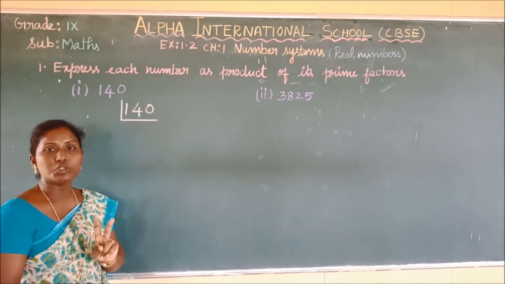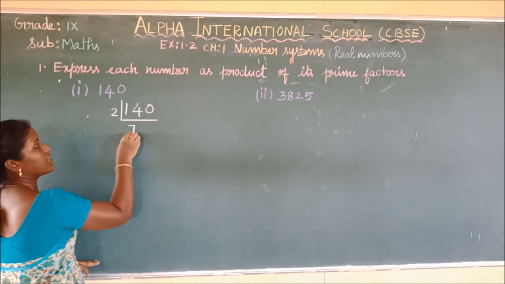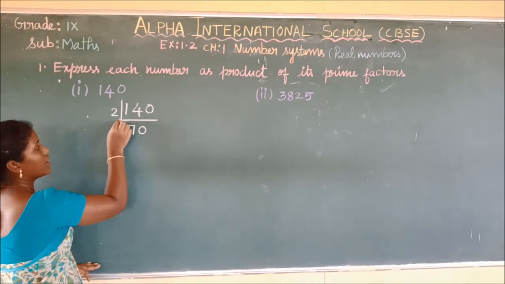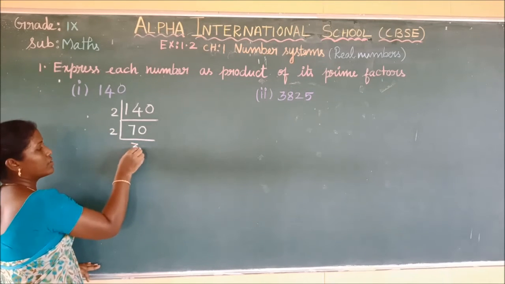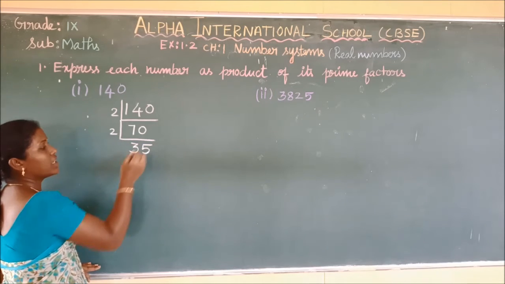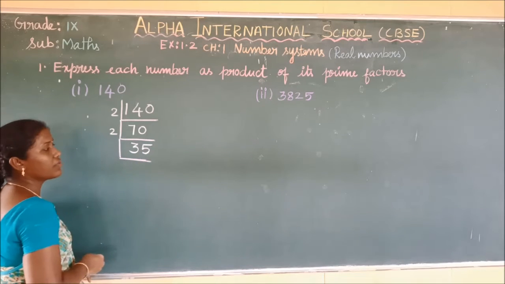Surely it is able to divide by 2. 7 2s are 14 and 0. Again by 2: 3 2s are 6, remainder 1, so 5 2s are 10. Now after this step we have 35.